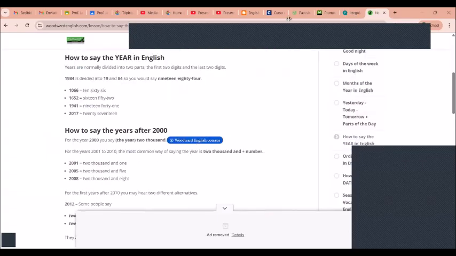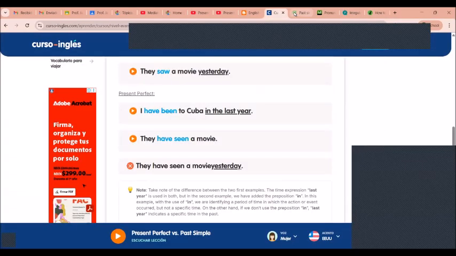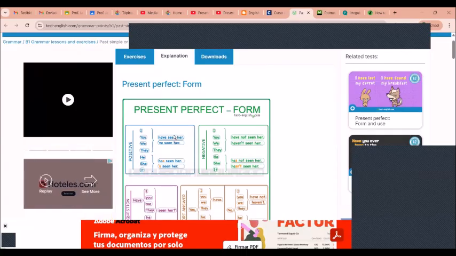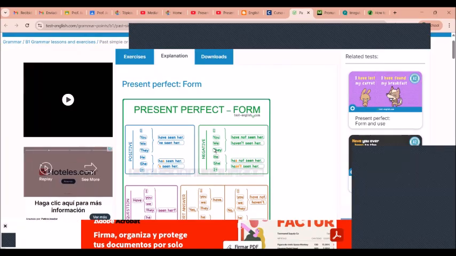Good. Let's continue. When it comes to the form or the structure of these sentences, remember, the one that's more complicated here is the present perfect, because you're using have plus your participle form.